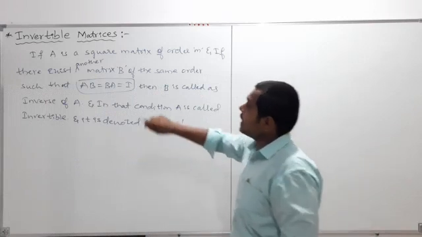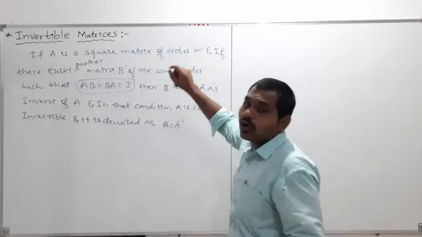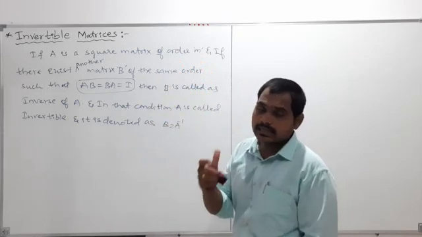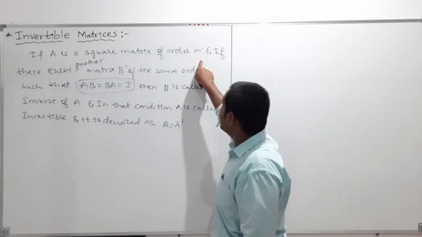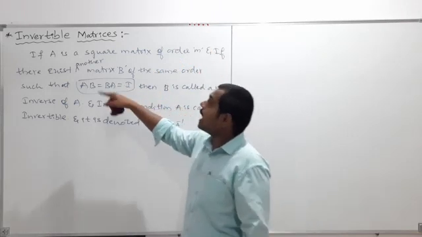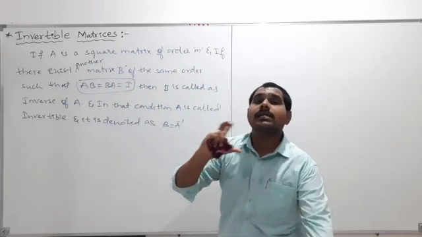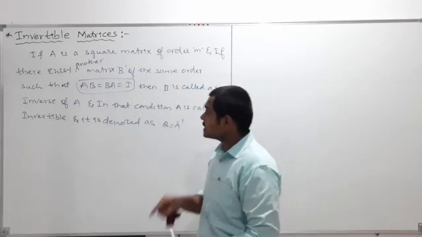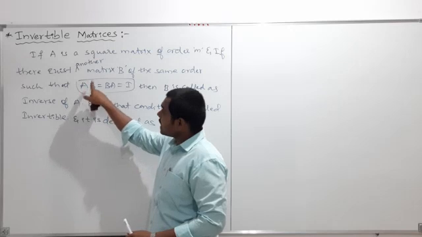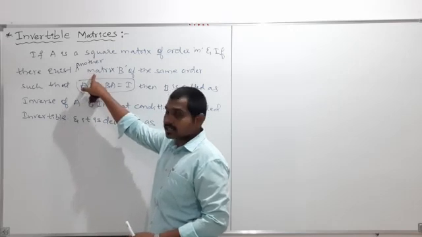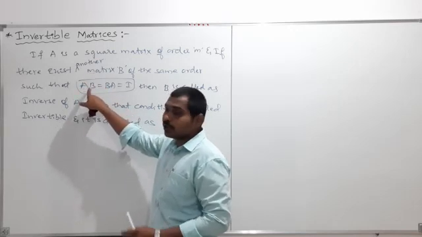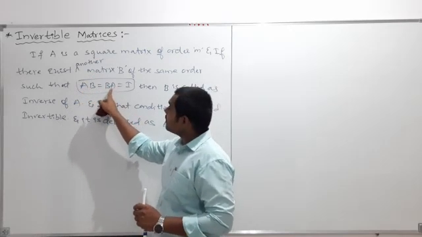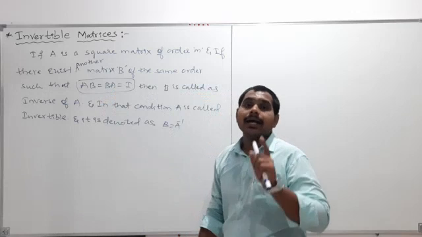I told you, if A is a square matrix of order m, so A is any square matrix of order m, and if there exists another matrix B of the same order, the order should be the same, such that if you multiply A into B, or B into A, after multiplying you should get the identity matrix.